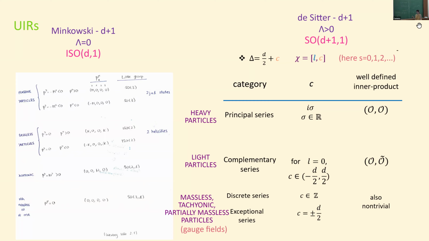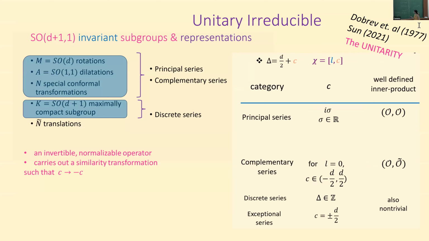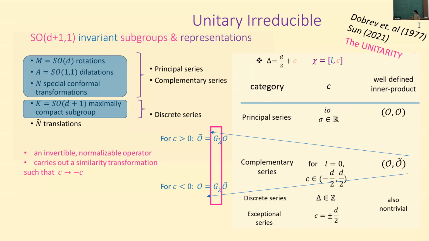I will write something down, but I'm not sure if you will be happy enough to call it a map. But okay, so for the unitarity, for these well-defined inner products, we need some operators, intertwining operators, invertible and normalizable.